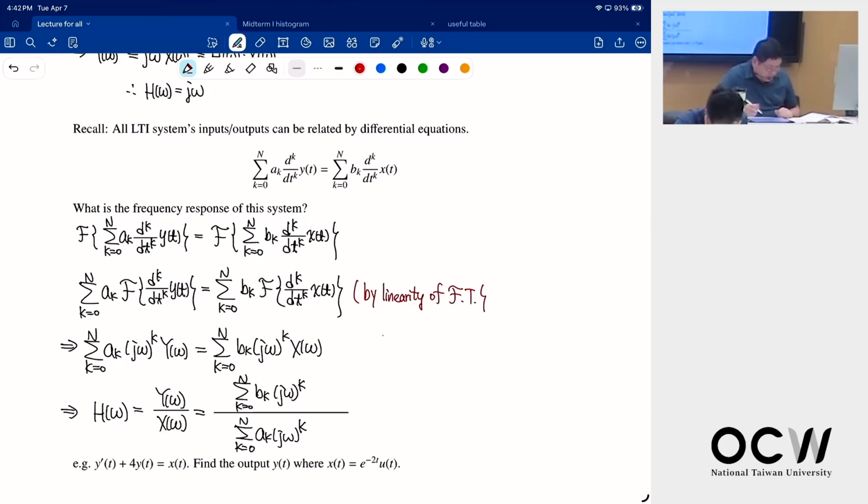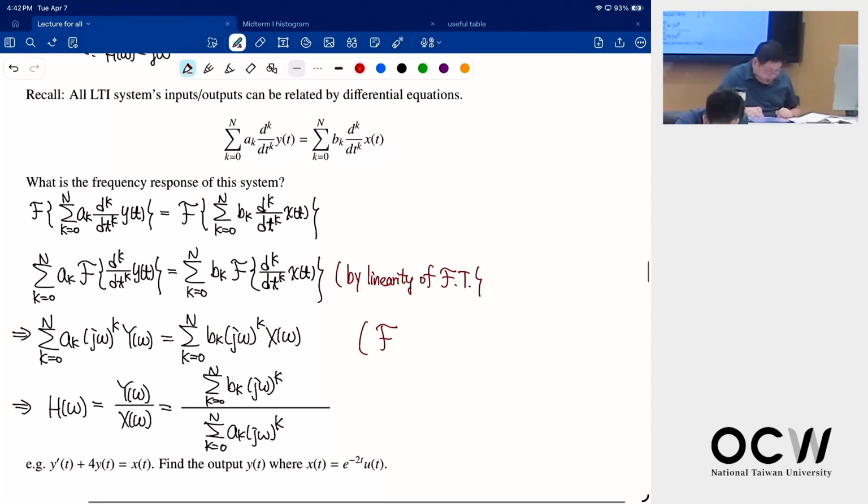Also remember, if I take the Fourier transform of the kth derivative, then I generate j omega k times.